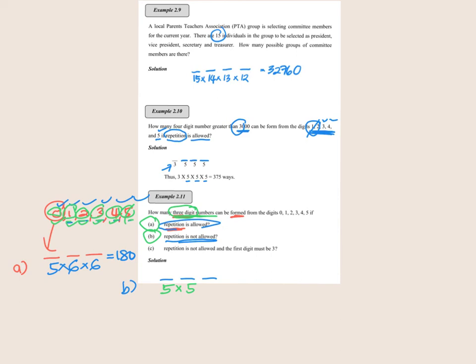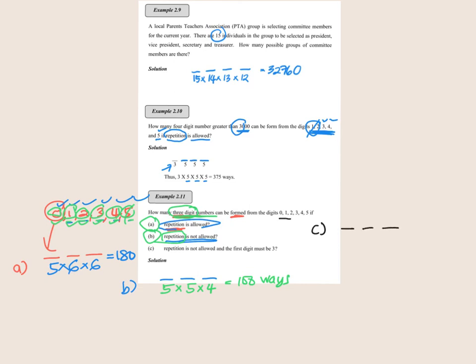For the third slot, since repetition is not allowed, assuming that you already used 2 different digits, from 6 numbers you already used 2, so the remaining is 4. From the multiplication rule, you're going to get 100 possible ways.